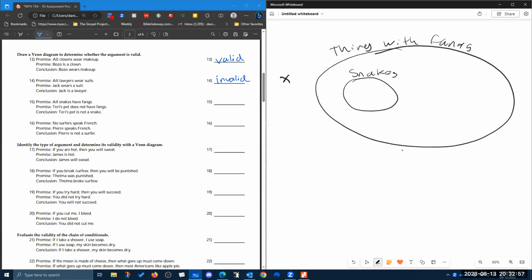So here's Terry's pet. Therefore, Terry's pet is not a snake. That's a valid argument because our X that's outside of things with fangs has to be outside of the set of snakes since all snakes have fangs.